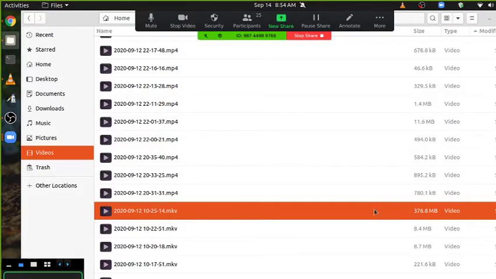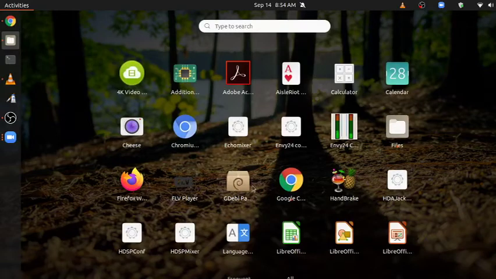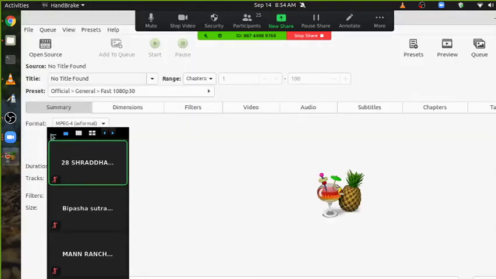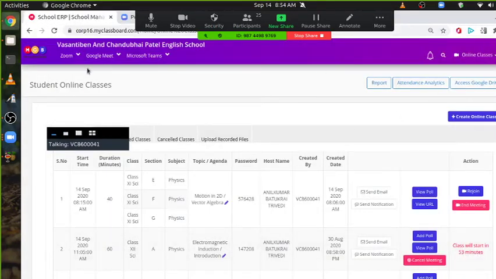Then I'll send it to one more software, Handbrake. Here I'll bring it in and compress it, so it becomes around 150 or 200 MB, and then I go to YouTube.